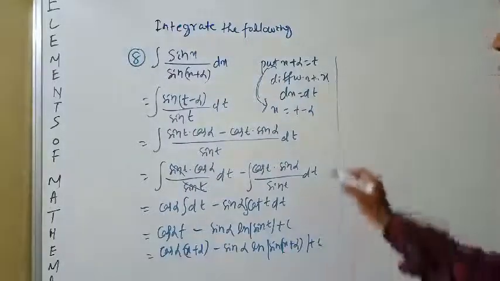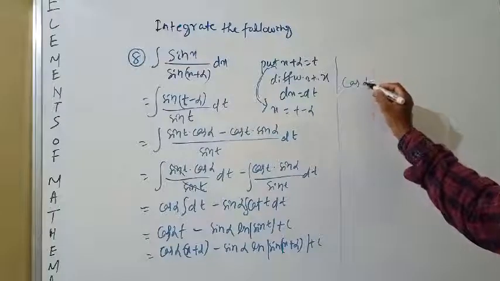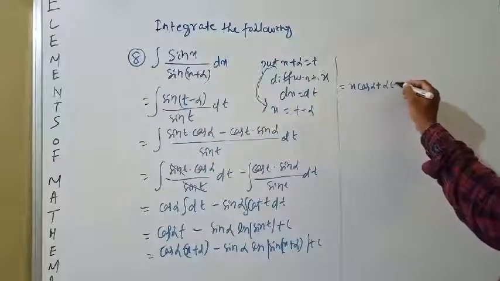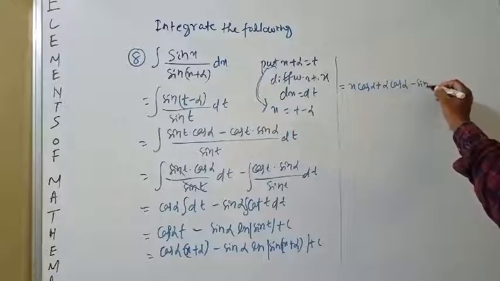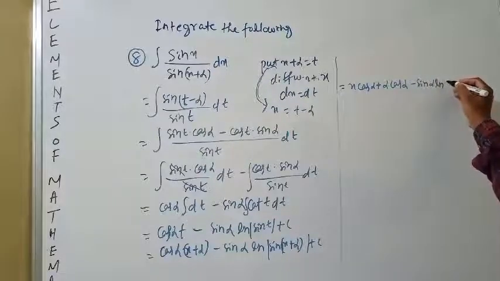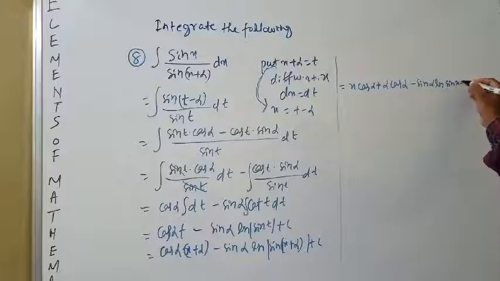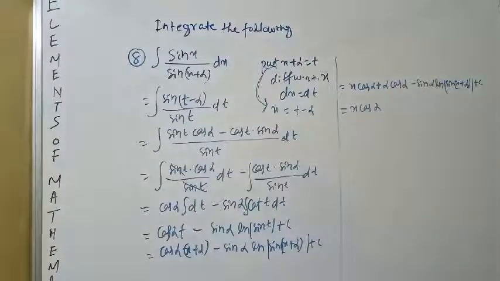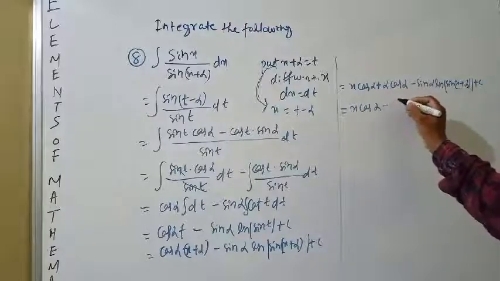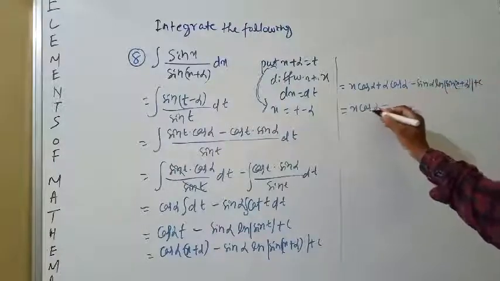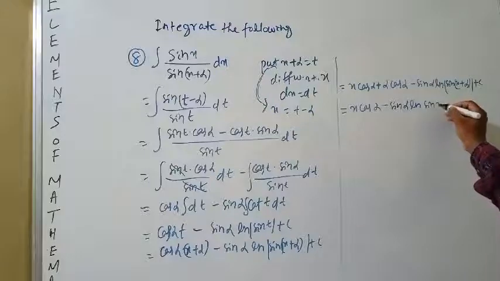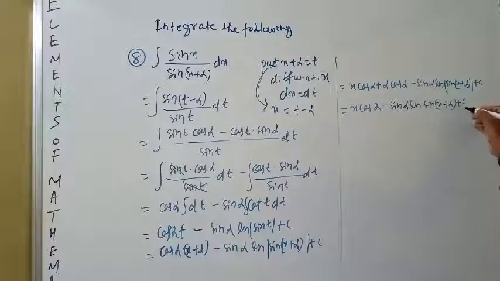Okay, here you write cos alpha x plus alpha cos alpha, minus sin alpha ln sin(x plus alpha) plus c. Cos alpha is constant, c is also constant, I can omit this term. So x cos alpha minus sin alpha ln sin(x plus alpha) plus c.